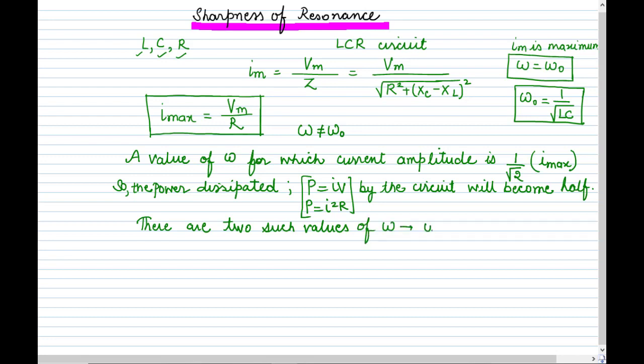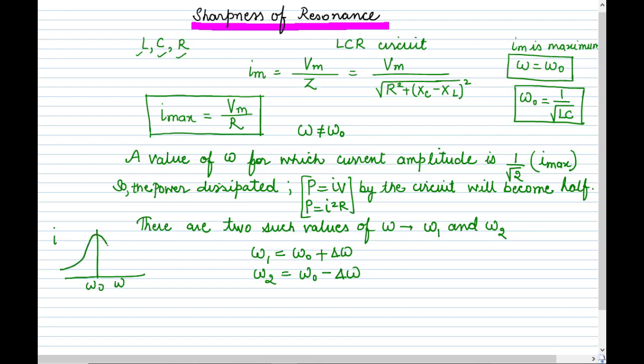We can call these two values omega 1 and omega 2. So omega 1 is the resonance frequency plus a small amount of frequency, and omega 2 is the resonance frequency minus this delta omega, that is a small frequency. As you can see from the graph we have just drawn, here we have omega and here we have I, so at omega naught the graph was like this.